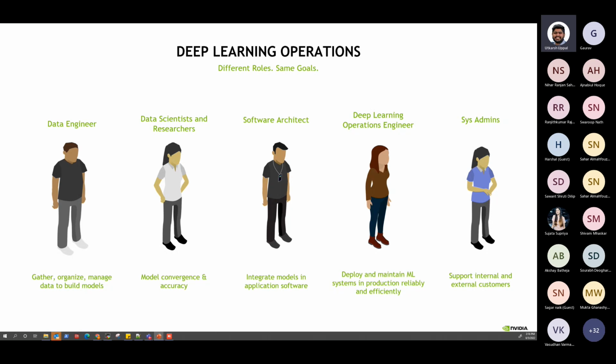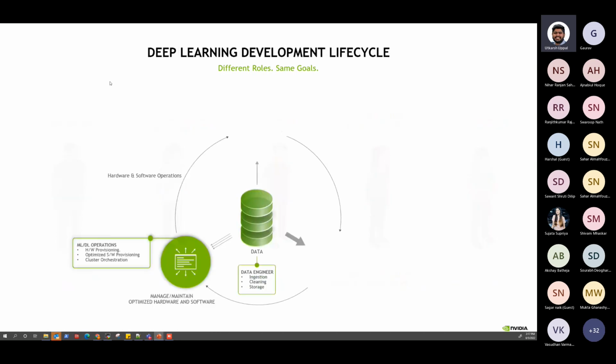The software architect focuses more on wrapping that model, prepared by a data scientist or a researcher, into an application. A DLOps engineer is primarily focused on deploying whatever application is built by a software architect for a particular purpose, and how to make that scalable in deployment. That's the job of your DLOps, and we also have system admins for external and internal support. So this is how an entire pipeline and its roles look.